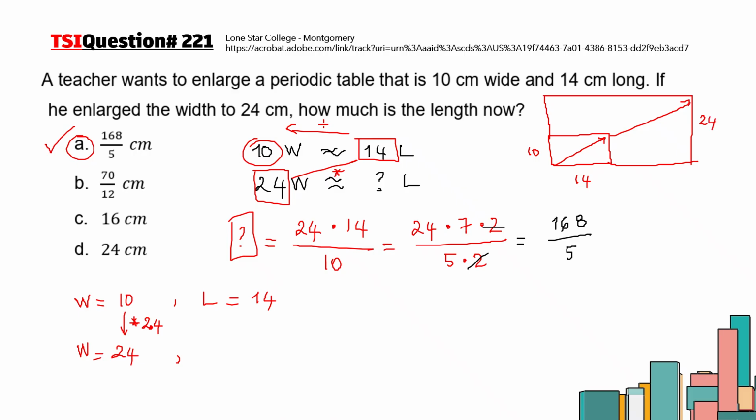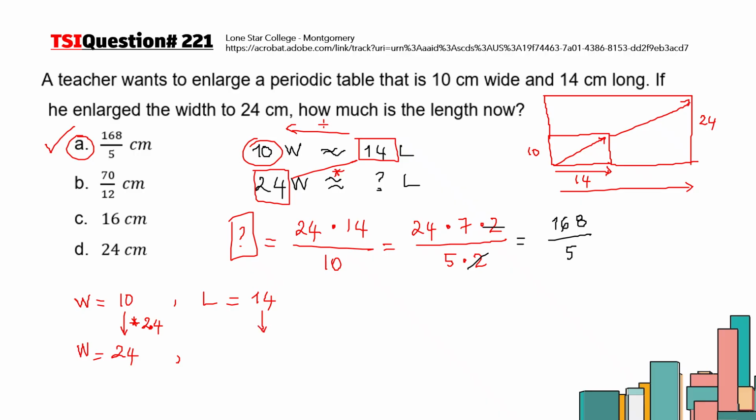So you see that the length has to be increased as well. When one value increases, the other will increase as well with the same constant or the same rate.